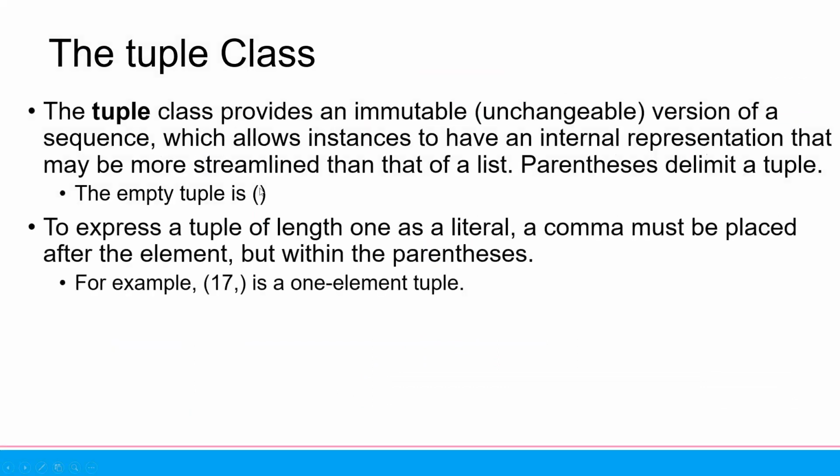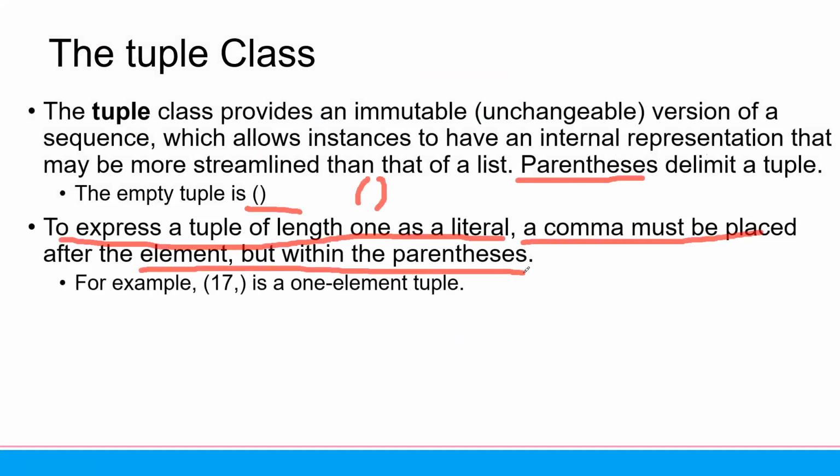So empty tuple is just a parenthesis. We call it parenthesis. Empty tuple is just a parenthesis, so it means no element. To express a tuple of length 1 as literal, a comma must be placed after the element, but within the parenthesis. Okay. This is one element tuple.